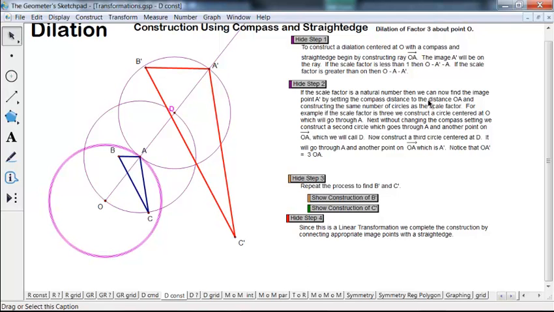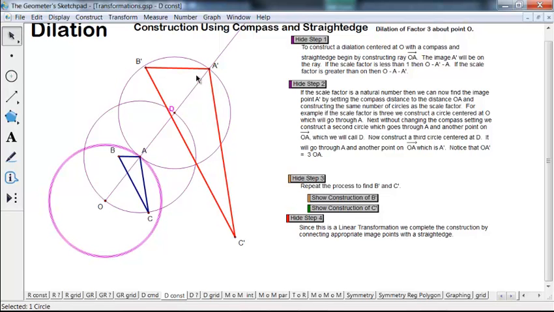And that's the construction. Now, if this is any natural number, that works great. If you wanted to do a factor of a half, we know how to bisect a segment with compass and straight edge, so we could do that. If we're allowed to use a ruler, then we could measure the distance O to A, and then just multiply by whatever the scale factor, whether it's a decimal or fraction or whatever, and then approximate at least what the distance is to A prime by measuring it out with a ruler as well.